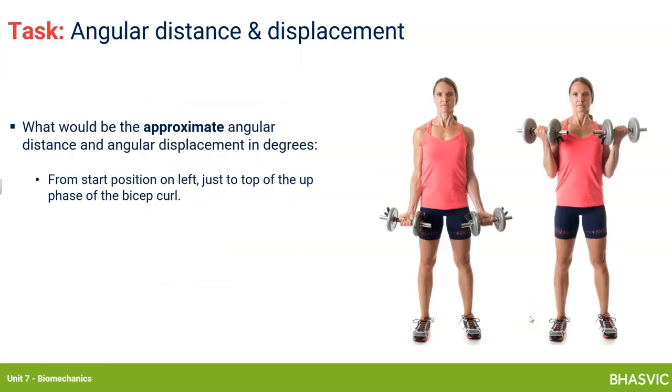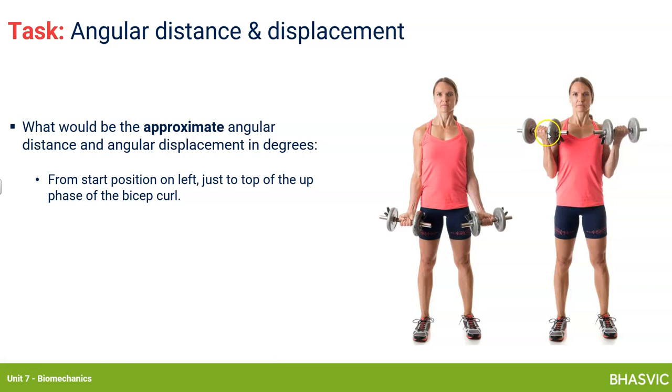Okay, so let's get on to the angular kinematics, angular motion. Now the equivalent for us in 7.1 was distance and displacement. All we're doing is saying angular distance and angular displacement. The principles are exactly the same. So here's an example. If this person was holding the dumbbells at the bottom, this was 0, and they finished up here.